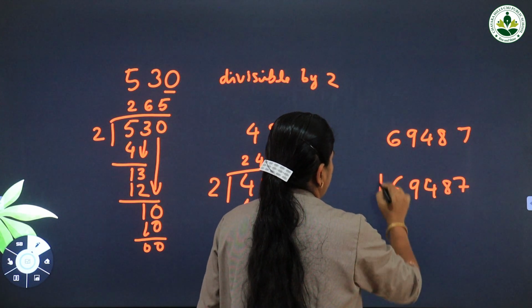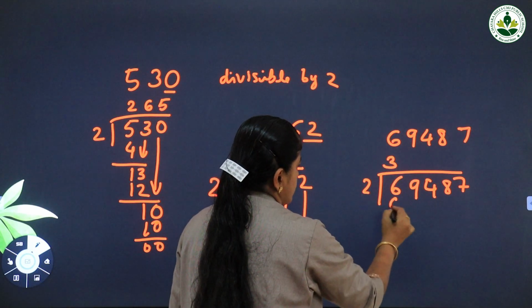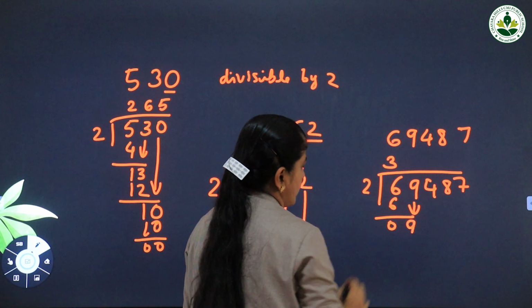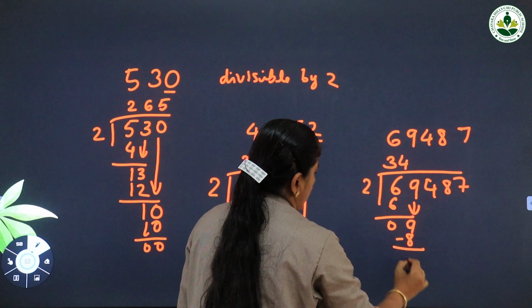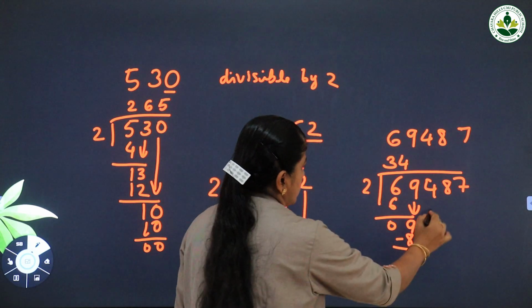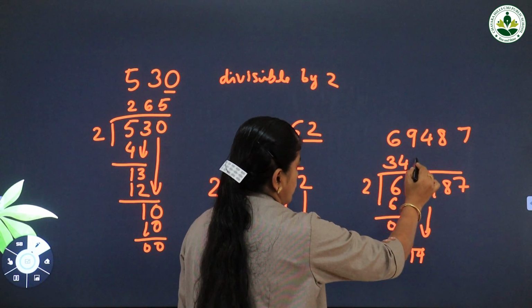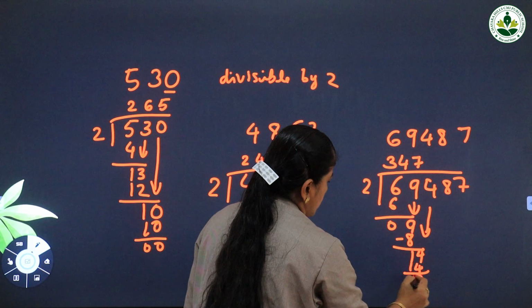69,487 divided by 2. Then 2 3's are 6. Subtract, 0 will be coming. Then bring down 9. In 9, 2 4's are 8. Subtract, then 1 will be there. Then bring down 4. 14. In 14, 2 7's are 14. 0 will be there.